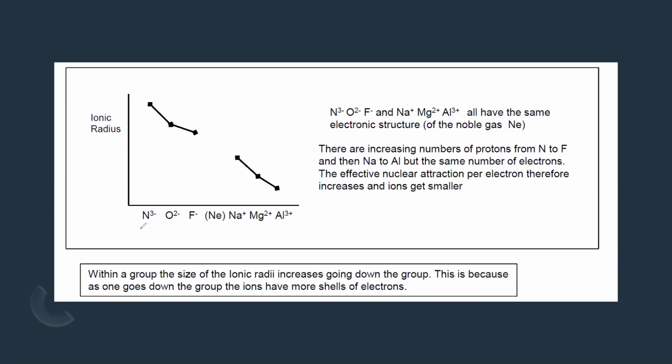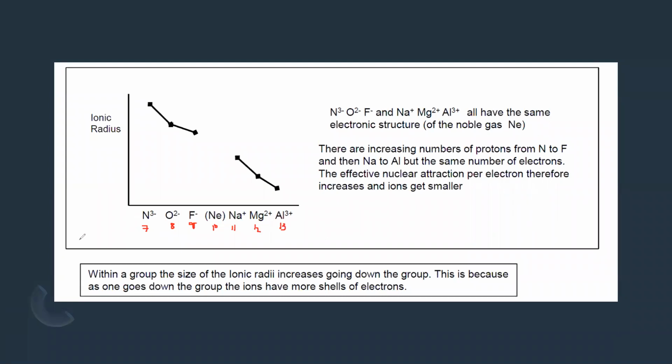Nitrogen atomic number is 7, but it took 3 electrons. Oxygen atomic number 8, fluorine 9, neon is 10, sodium is 11, magnesium is 12 and aluminum is 13.